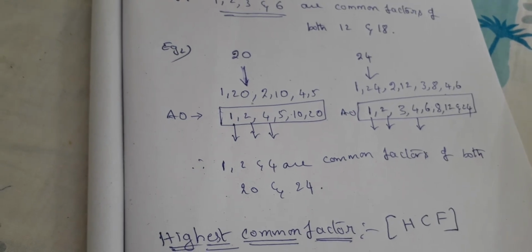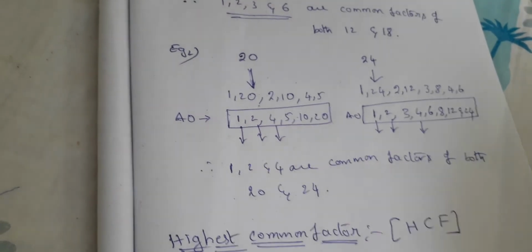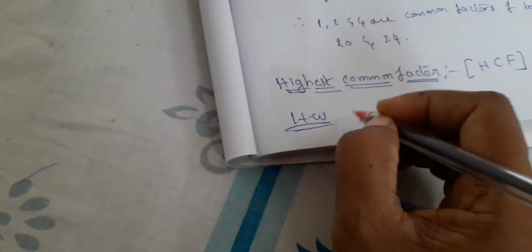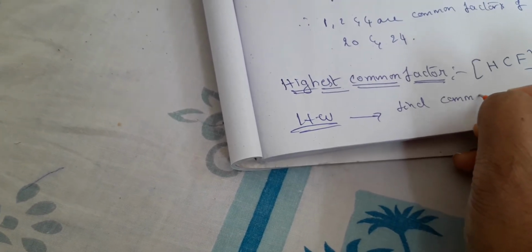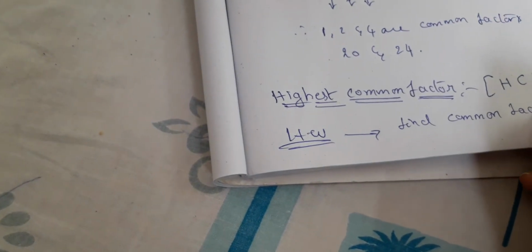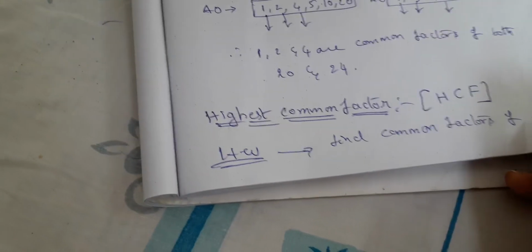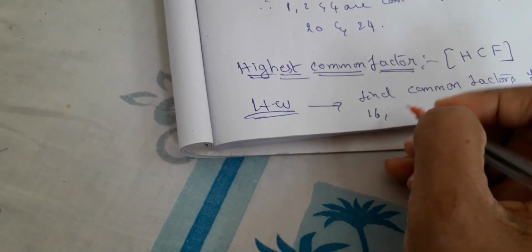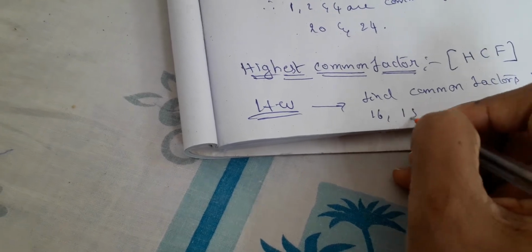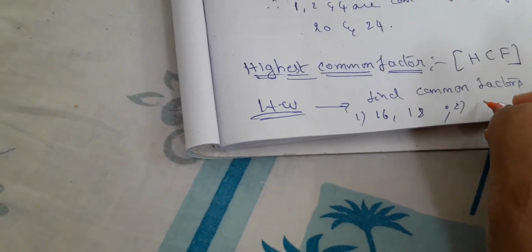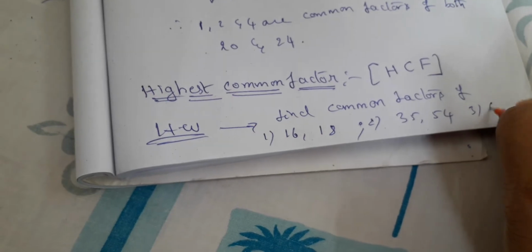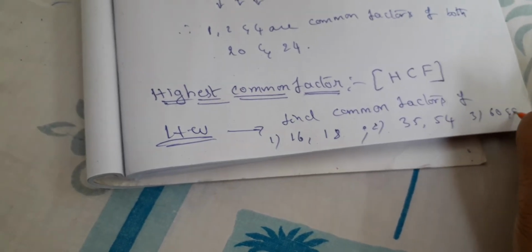I'll give you some example problems to do. So the homework for you is to find common factors of: the first problem 16 and 18, the second problem 35 and 54, the third problem 60 and 90.